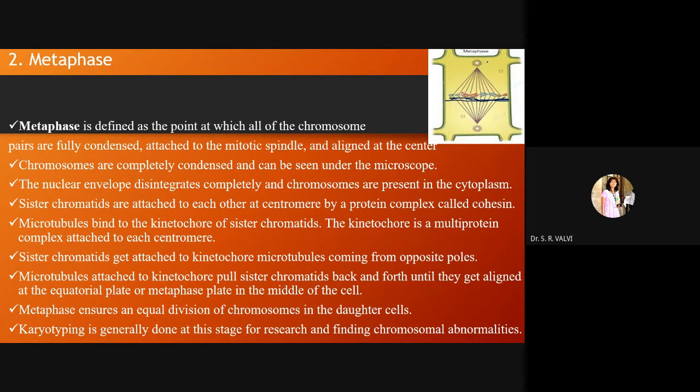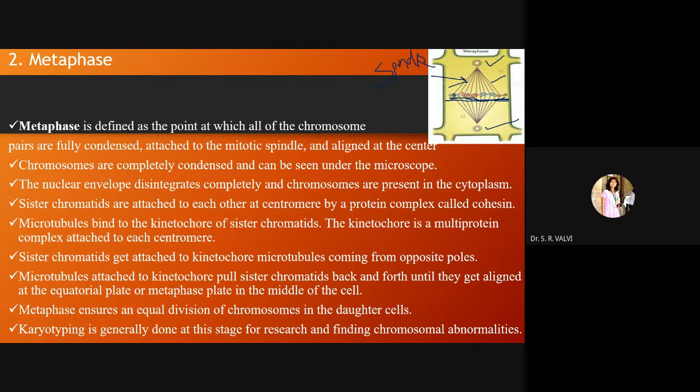And you can observe here, this is one pole and this is the other pole, and whatever threads you are observing, these are the spindle fibers. Okay, so these are what? These are the spindle fibers of that particular cell which hold the chromosomes in the center, right? So these spindle fibers are attached to which structure of the chromosome? Centromere.